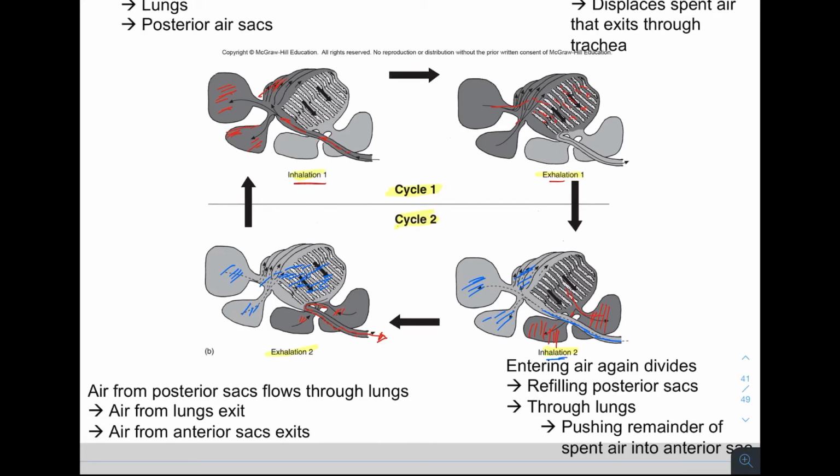During inhalation 1, we're going to take that air and push it into those anterior air sacs. And during exhalation 1, we're going to take that light gray air from those anterior air sacs and exhale it out through the trachea and out the bird.